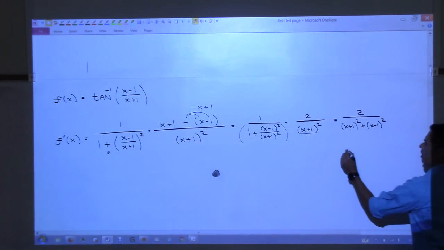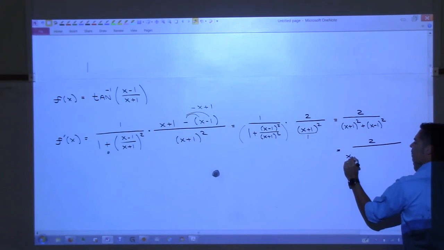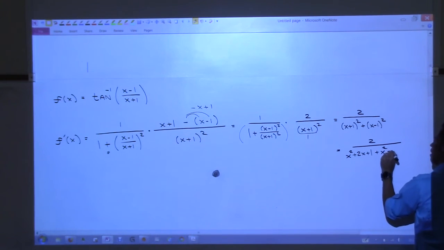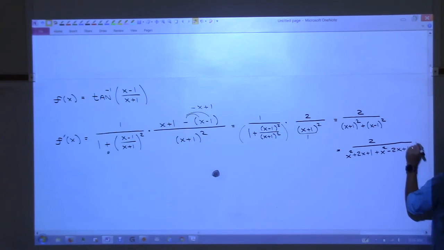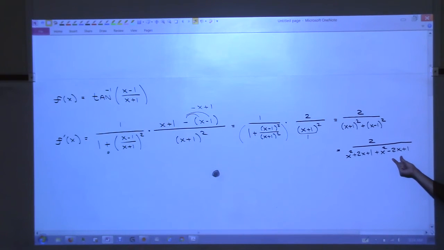All right, how about this now? 2 over x squared plus 2x plus 1 plus x squared minus 2x plus 1. So what did I do there? Just expanded those out, right? I just squared x plus 1 and got this, and I squared x minus 1 and got this.